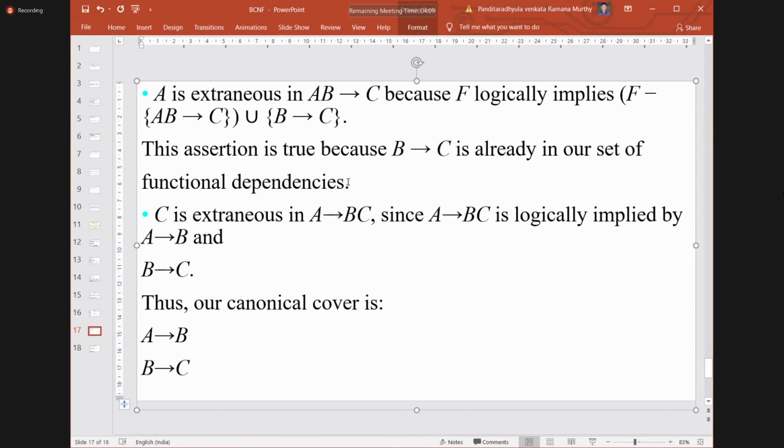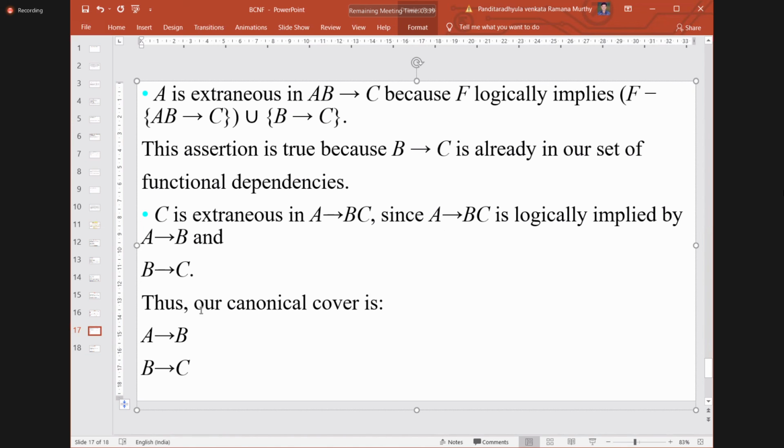So we can remove this particular rule. From A derives BC, you can identify that B derives C is also a part, so that can be eliminated. Similarly, C is also extraneous in A derives BC. A derives B can be logically created using A derives B and B derives C also. So we can eliminate that particular rule.